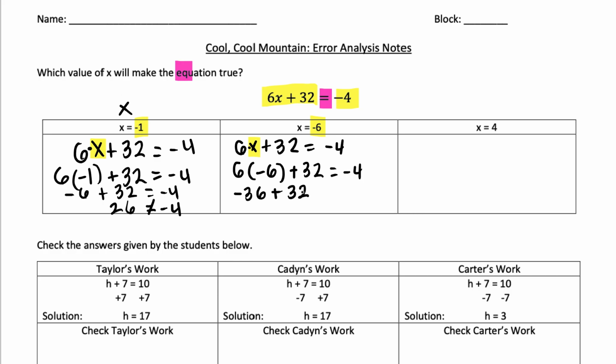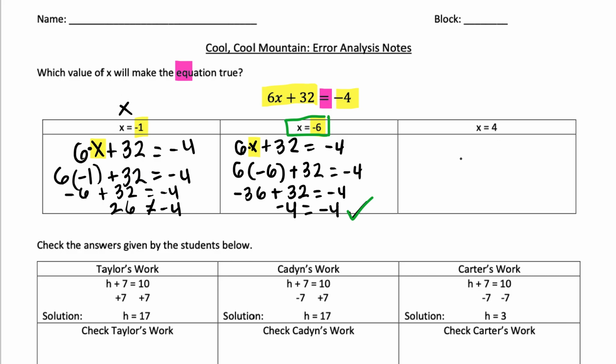I have 36 negatives adding with 32 positives, so I do have more negatives than positives, and 32 of them will cancel out, so our answer should be -4. And I can see that that is equal to what I expected it to equal. So that means that this is true, and so the solution to the equation should be x equals -6.